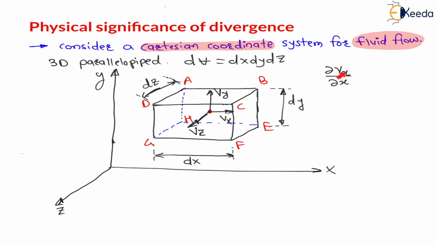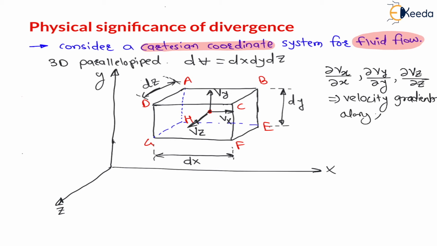Change in velocity vx with respect to x is called the velocity gradient along the x-axis. Then similarly, change in velocity along y with respect to y, and change in velocity along z with respect to z, these are the velocity gradients along the x, y, and z axis.